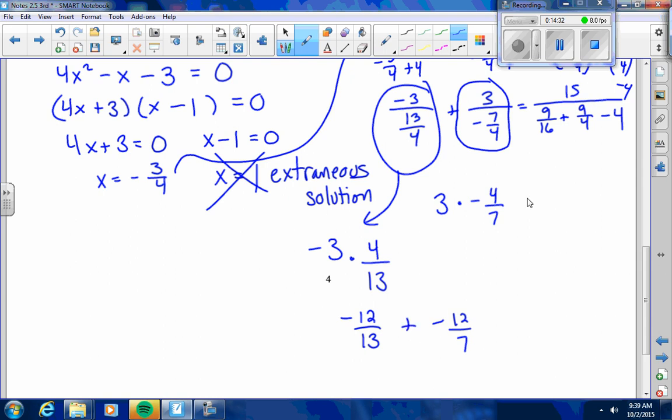So equals 15 over, can I get common denominators there? 9/16 plus 9 over 4. So I need it to become 16. So what's 9 times 4? So that's 36 over 16 minus, and that 4 becomes, let's see, what's 4 times 16? 64 over 16.